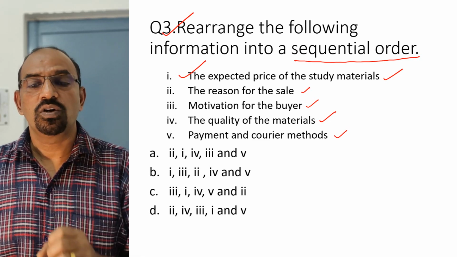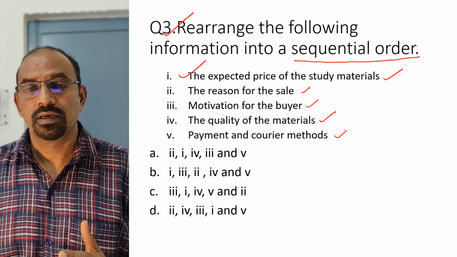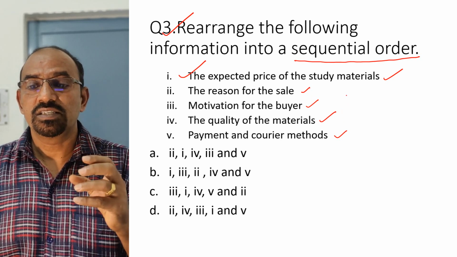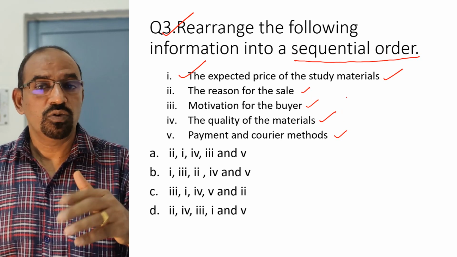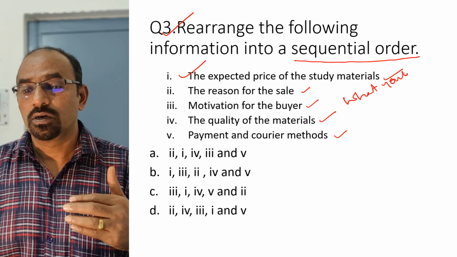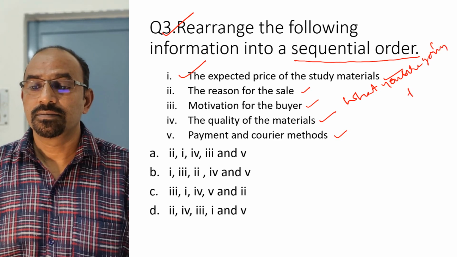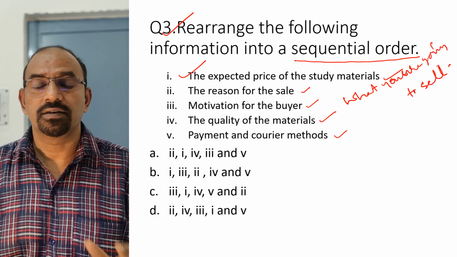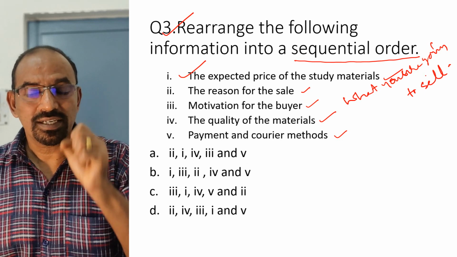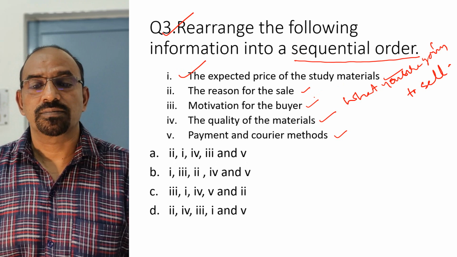In which order you will arrange these 5 sentences? That is the question. The introductory sentence should be like what you are going to sell, but that is not given here. So from the second sentence onwards we can find out from this given collection.